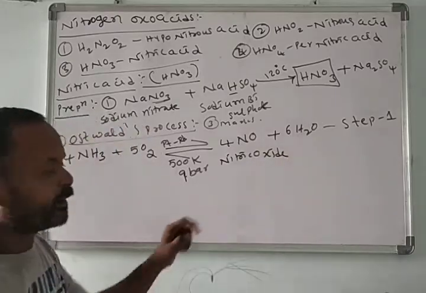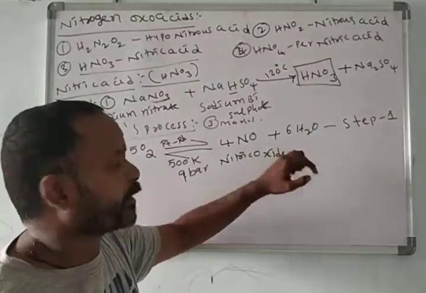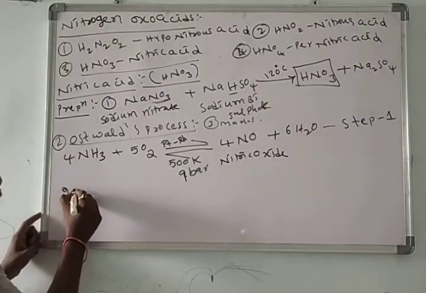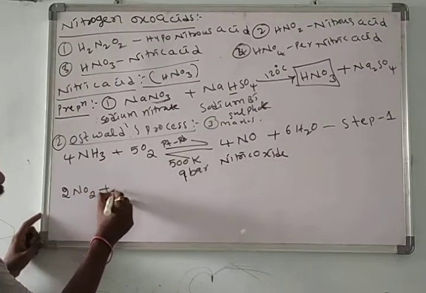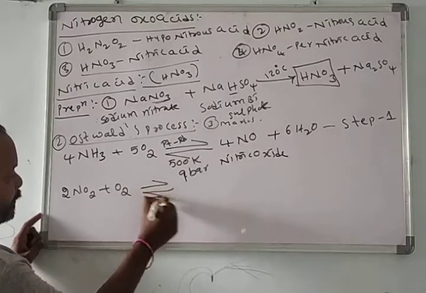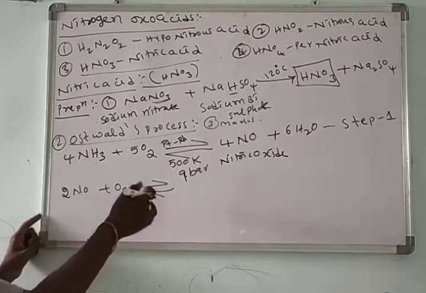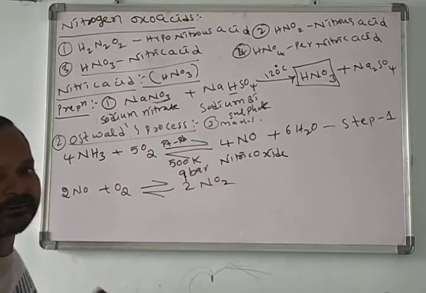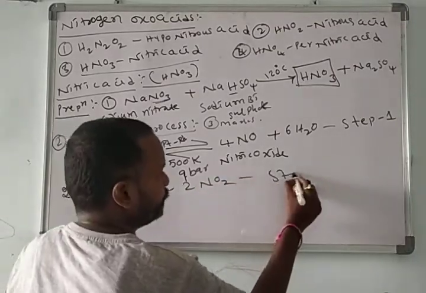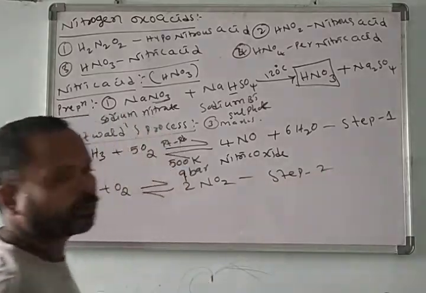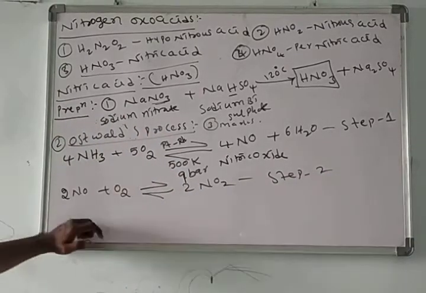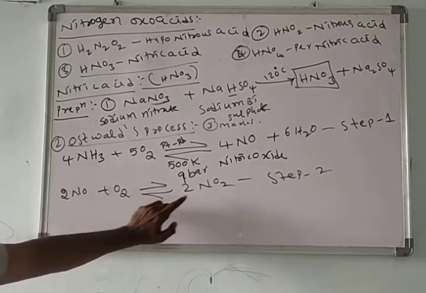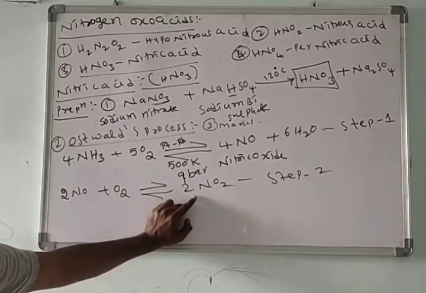This nitric oxide reacts with oxygen. Here I am taking 2 moles of nitric oxide reacting with oxygen to form 2 moles of nitrogen dioxide. This is step 2. In step 1, nitric oxide formed, and that nitric oxide reacts with oxygen and forms nitrogen dioxide.